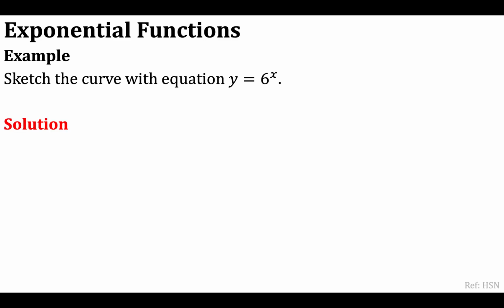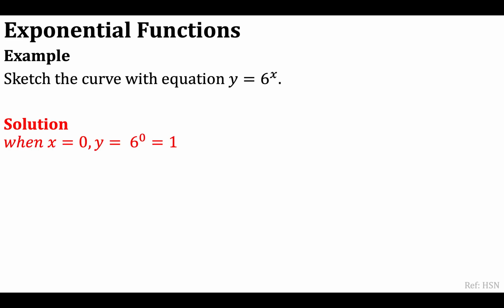So crack on with an example. We're asked to sketch the curve with equation y equals 6 to the x. Now you might already realise from the previous slide, yep, we've got the points 0, 1 and 1, 6. Okay, but let's prove that using algebra as well, just to be sure.